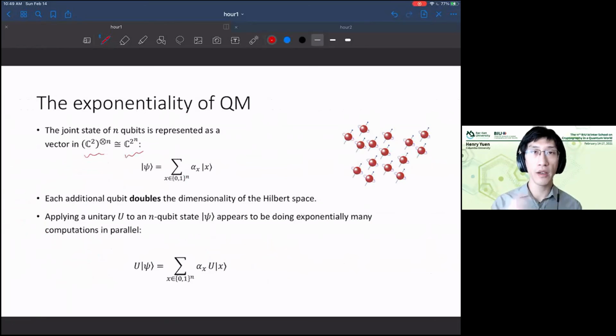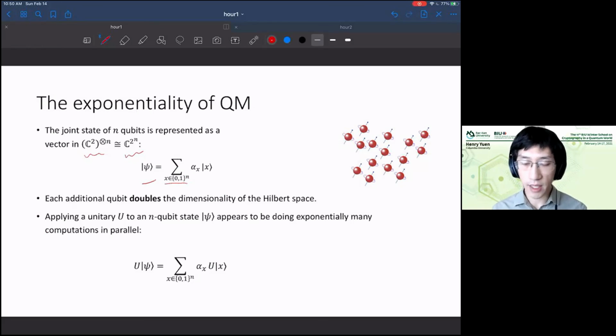Every time you add a new qubit, the dimensionality of the space doubles. A general n qubit state will be written as a superposition over n-bit strings x with amplitudes alpha sub x. So there's 2 to the n amplitudes just to describe the state of these n qubits.